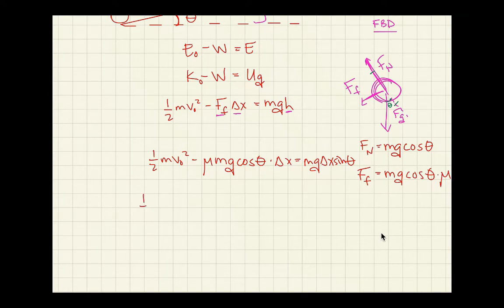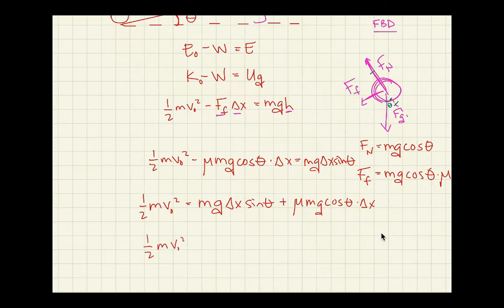So 1/2 mv naught squared equals mg delta x sine theta plus mu mg cosine theta times delta x. Factor out delta x there.